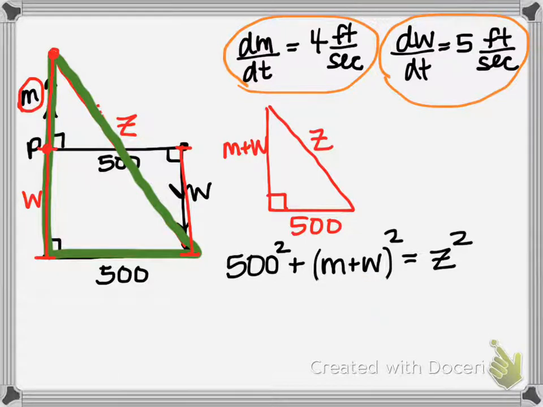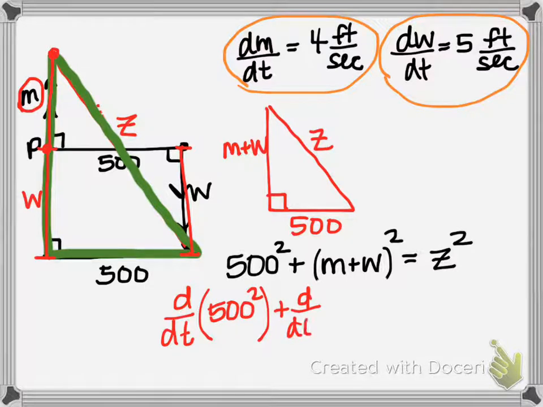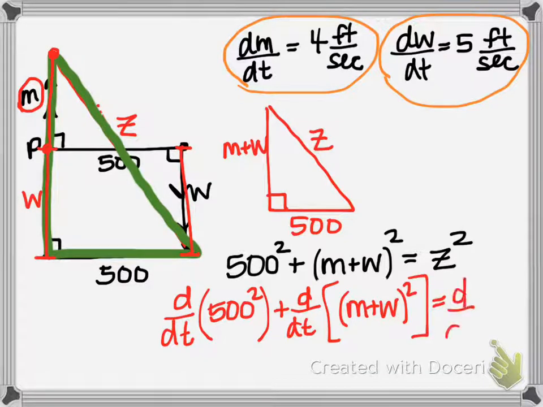So we are ready to go ahead and take the derivative. We are using implicit differentiation, where we take the derivative of both sides with respect to time. So I'm taking the derivative of 500 squared with respect to time, plus the derivative of the quantity (m plus w) squared with respect to time, and the derivative of z squared with respect to time. So 500 squared is a constant, so the derivative of a constant will just be 0.